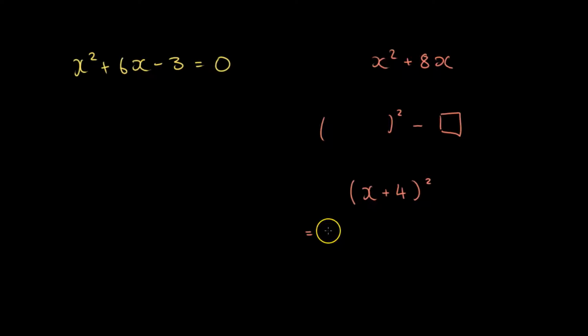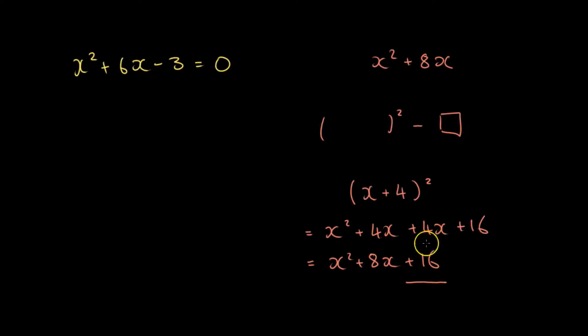I encourage you to have a go at doing this yourself. But we will get x squared plus 4x plus 4x plus 16. And if we simplify that, we see that there's an extra plus 16 here. And at the end of this quadratic expression, there isn't a constant.